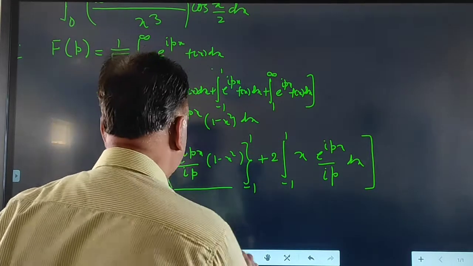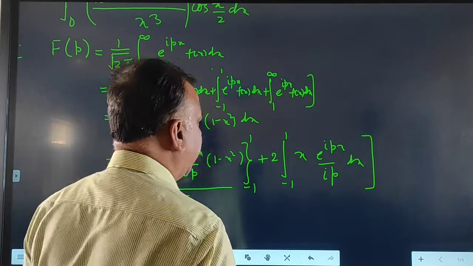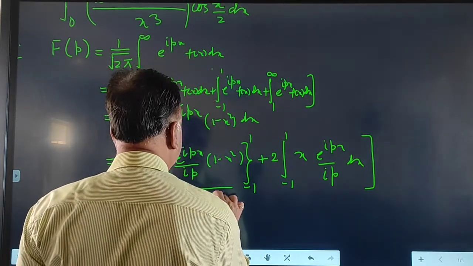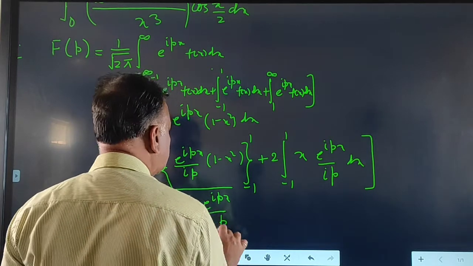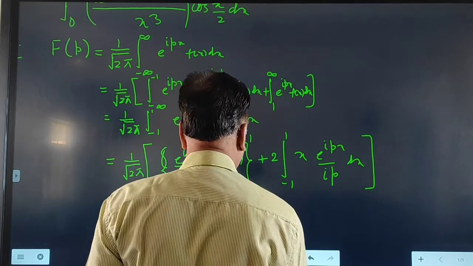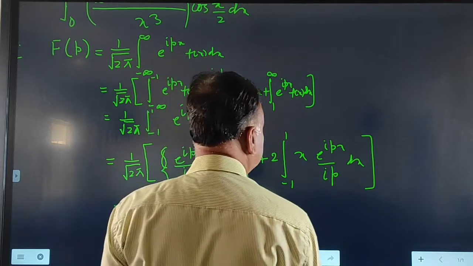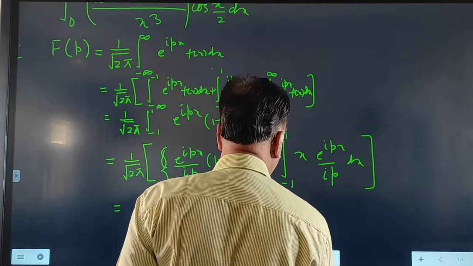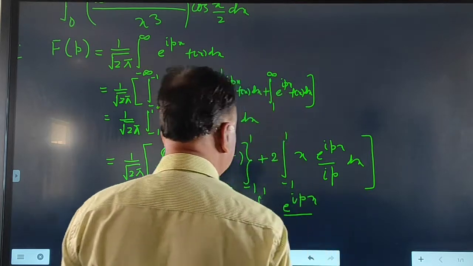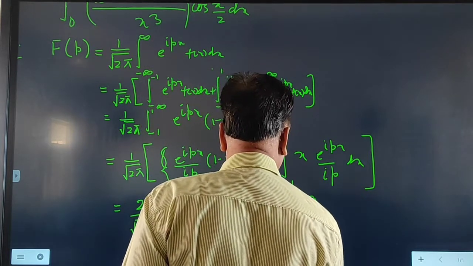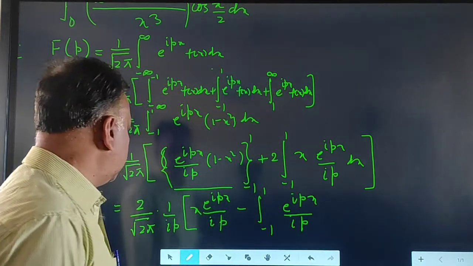Now if you integrate this one, then we get e raised to iota px upon iota p into x, minus the integral from minus 1 to 1. The differentiation of x is 1, and e raised to iota px upon iota p is the integral of the other term.